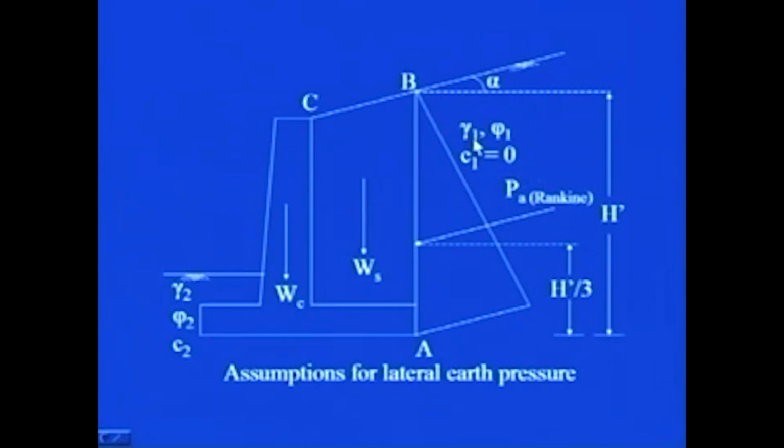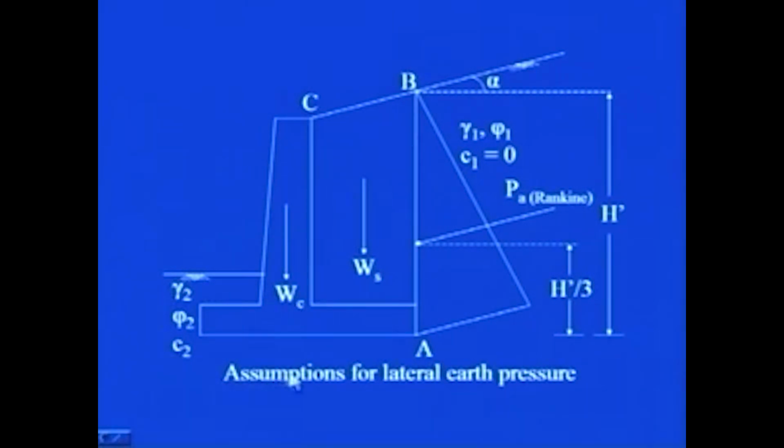Gamma 1 is the unit weight of the backfill, phi 1 is the angle of internal friction. Since the cantilever wall is made up of reinforced concrete, it will have its own weight and that will be acting also. Here WC represents the weight of the wall.